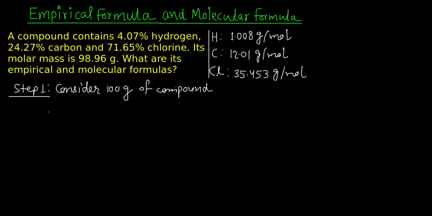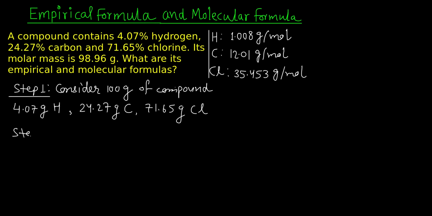Then in 100 gram of compound, according to the percentage composition, we will have 4.07 gram hydrogen, 24.27 gram carbon and 71.65 gram chlorine, right?